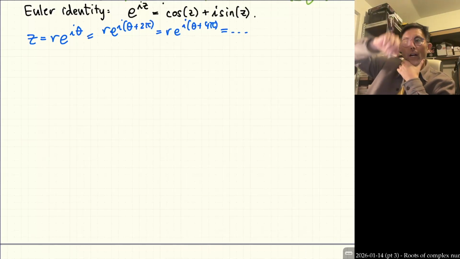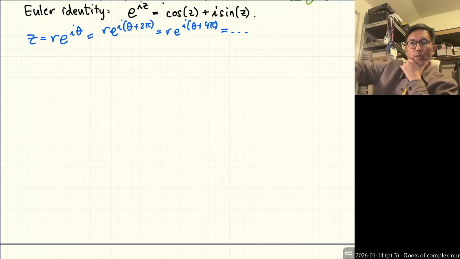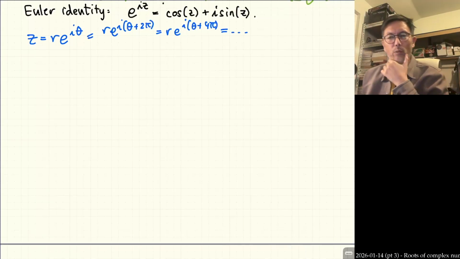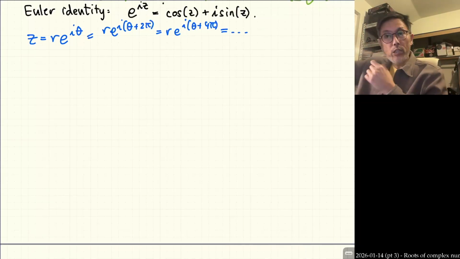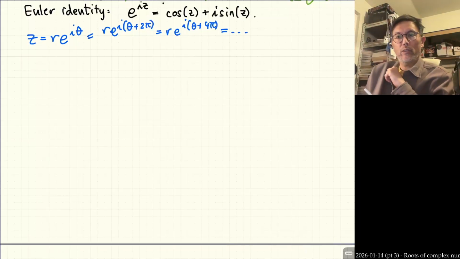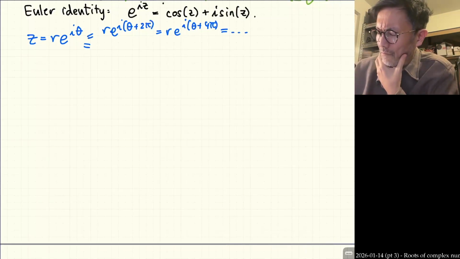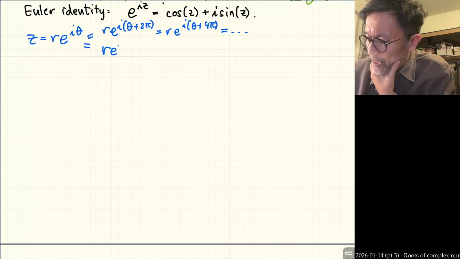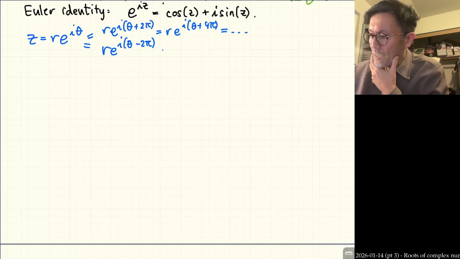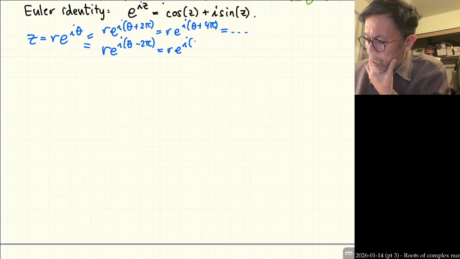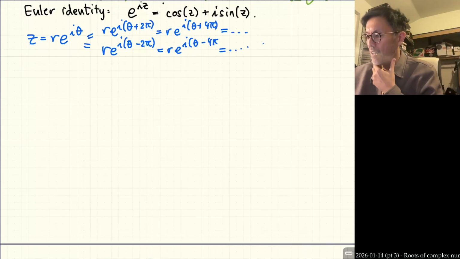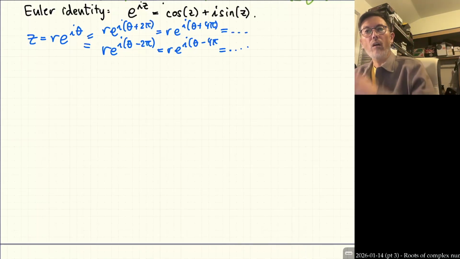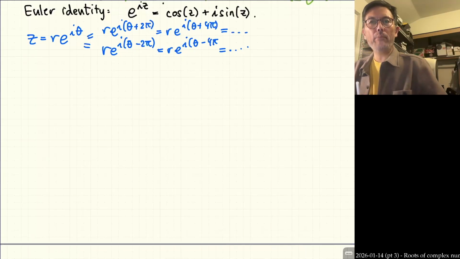This is like going around the circle a full revolution and returning to where you are, or going around the circle 2 full revolutions and returning where you are. Or you can go backwards, clockwise around the circle, a full 2 pi radians. So for example, r e to the i (theta minus 2 pi): same number. This is also the same as r e to the i (theta minus 4 pi): same number. All of these numbers, in fact, are equal to each other. They're all different polar representations of the same complex number.